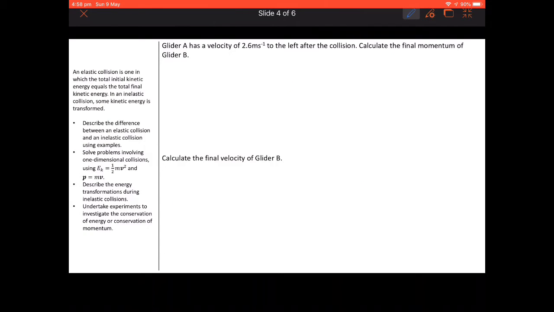So to work this out, we use our equation. Momentum total equals momentum of A final plus the momentum of B final. The momentum is always conserved regardless of whether or not energy is conserved. So our total momentum from the previous slide is going to be equal to the total momentum on this.